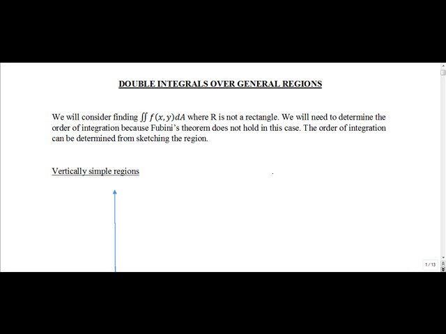So let us recap what we have done so far in double integration. The last time we looked at double integration over rectangles. They are the simplest double integral that you can find. Why? Because all the limits of integration are numbers. They are all constants.